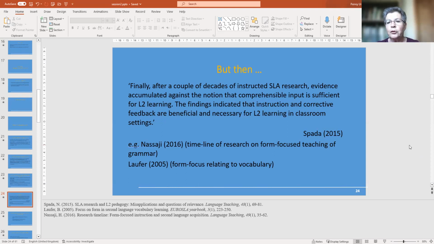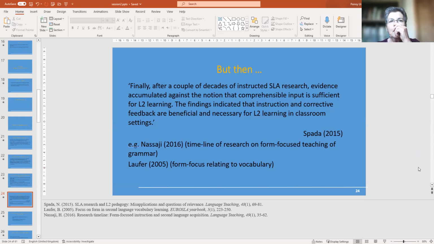So in other words, Krashen's ideas about the input hypothesis on their own are not enough to furnish a solid basis for a methodology for learners in an instructed situation outside a naturalistic immersion situation. And this is supported by the two studies I've quoted at the bottom there. So yes, we need some grammar instruction, vocabulary instruction, whatever.